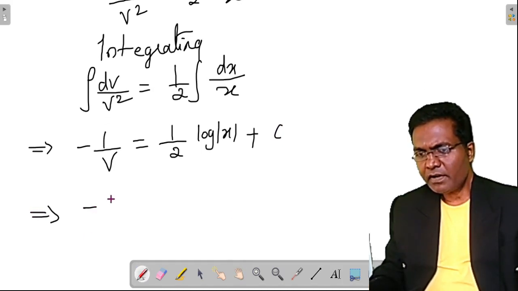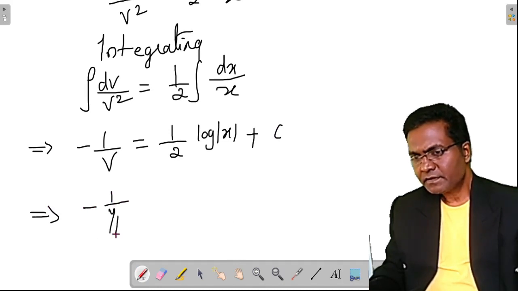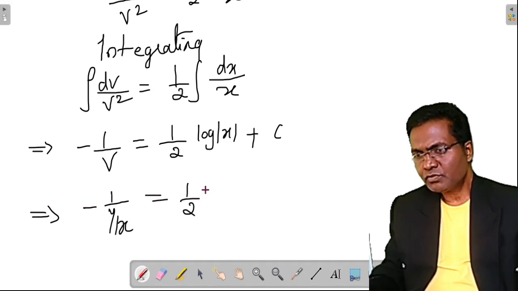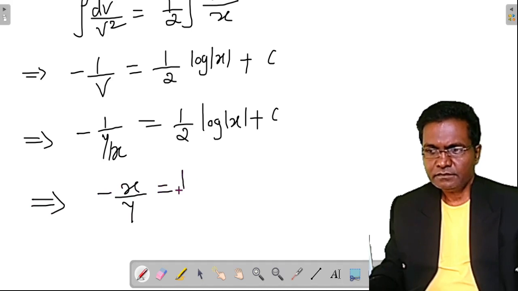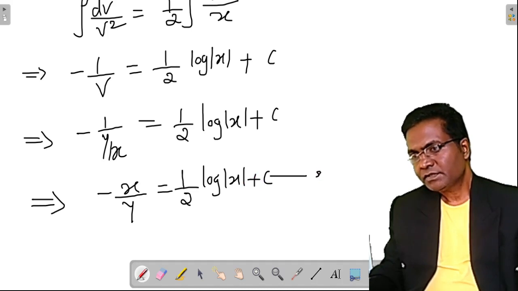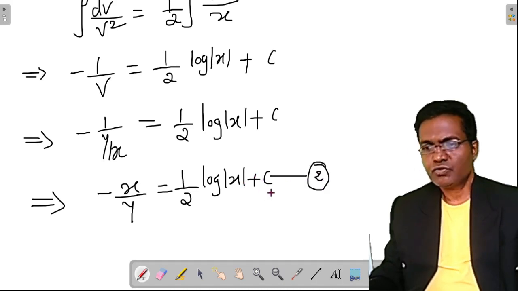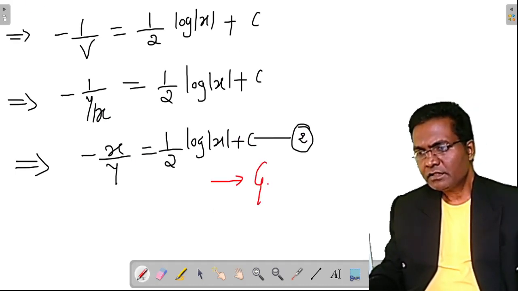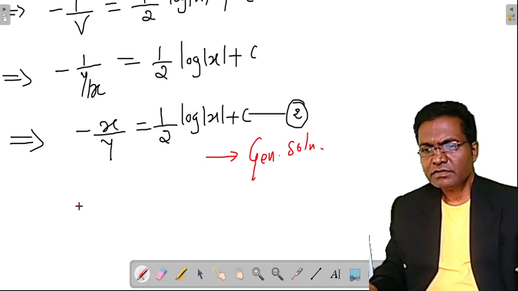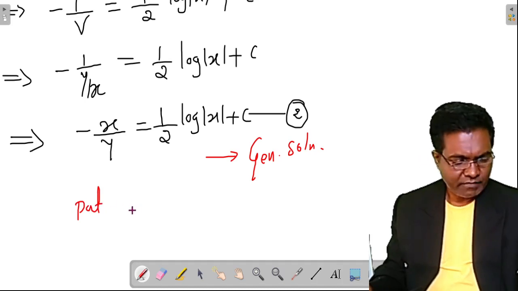Okay, 1 by v is x by y, so you may write it as minus x by y equals 1 by 2 log mod x plus c. Call it number 2. This is your general solution.